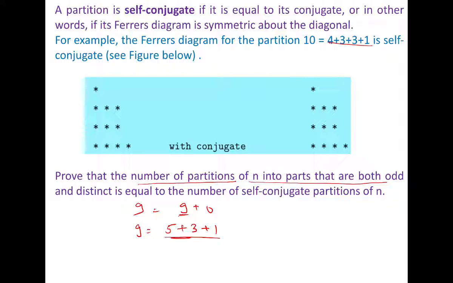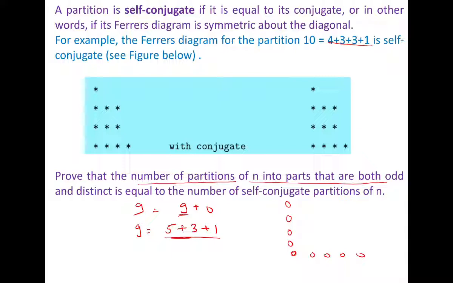So what I can do is, for example, if I consider 9, it's an odd number, so I can make a column with 4 and a row with 4, and the last one I put here. This is self conjugate because when you transform, rows become columns and columns become rows.